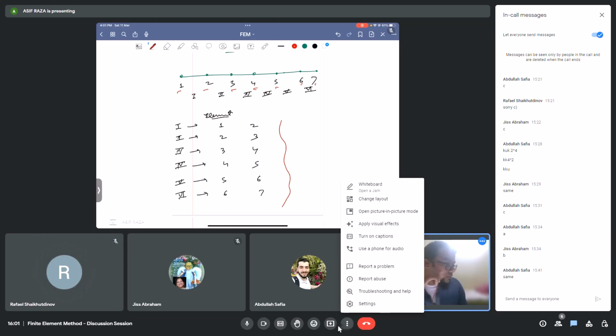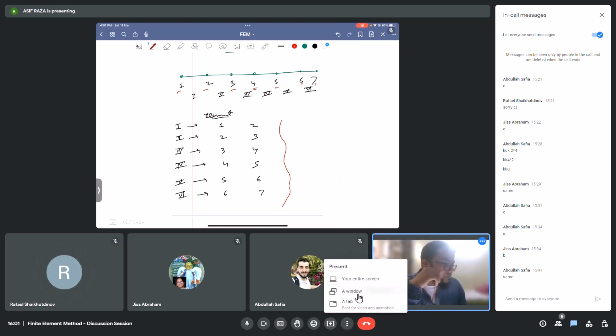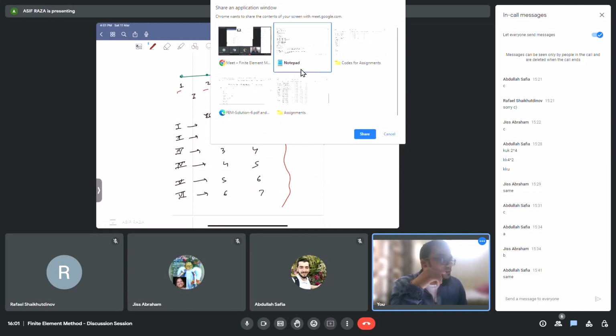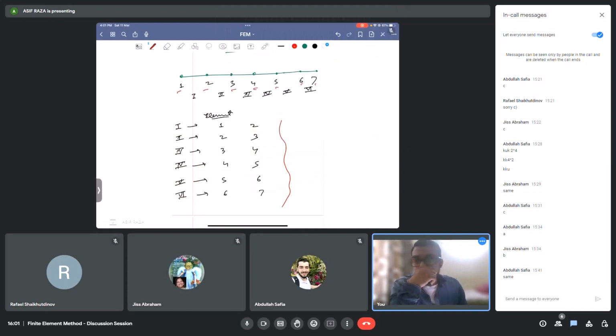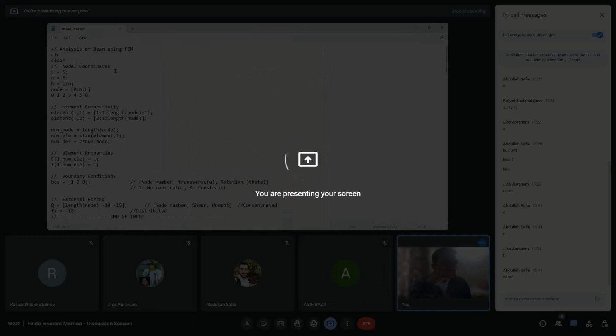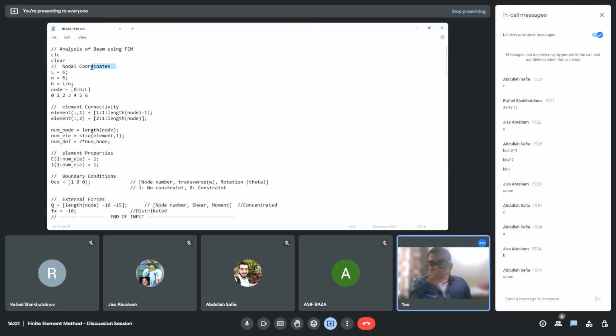Okay, share screen. So yeah, it says here nodal coordinates. So this will be like nodal coordinates, like node 1 will have 0, then here 1, 2, 3, 4, 5, 6. Okay.